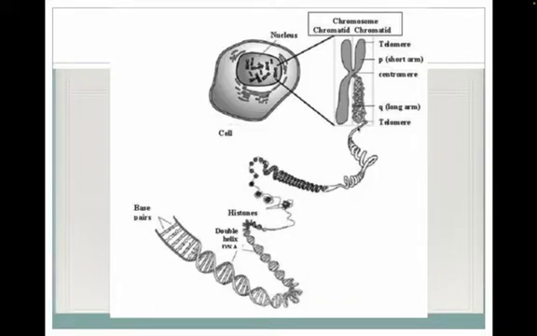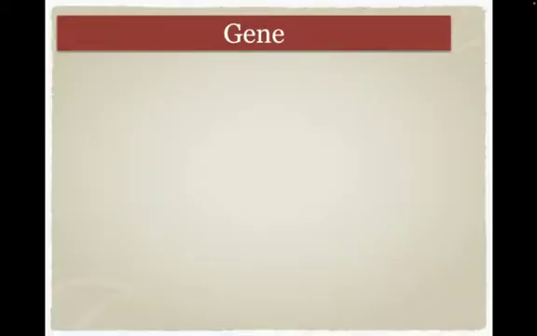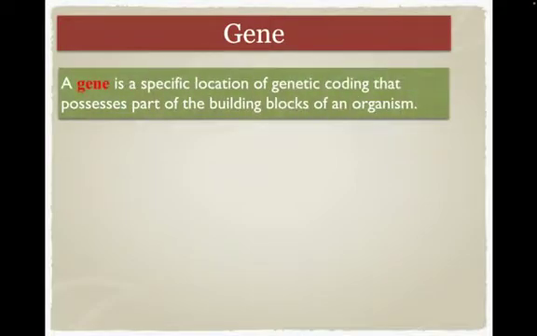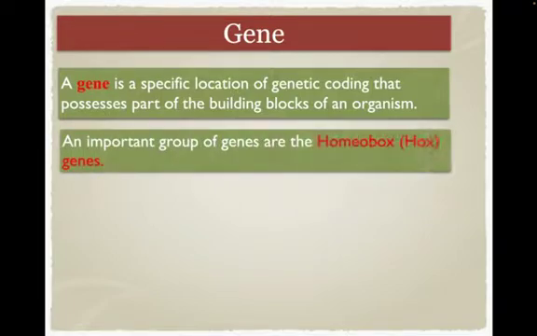And if you look at this chromatid, it is formed of DNA, which is basically the genes having the codes for the whole human body. So we just said gene. What do we mean by this word? It's a specific location of the genetic coding that possesses part of the building block of an organism. Now, as we are talking about growth, the most important gene is the homeobox genes.